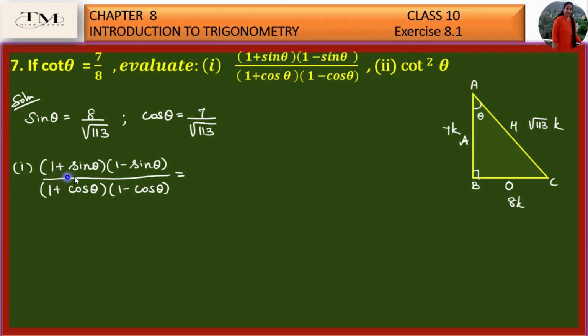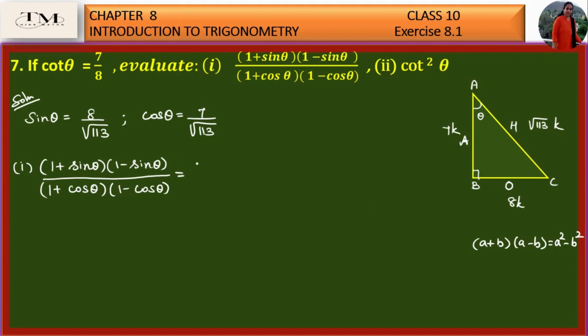First part is 1 plus sin theta into 1 minus sin theta divided by 1 plus cos theta into 1 minus cos theta. So it is of the form A plus B into A minus B. What is A plus B into A minus B? It is nothing but A square minus B square.